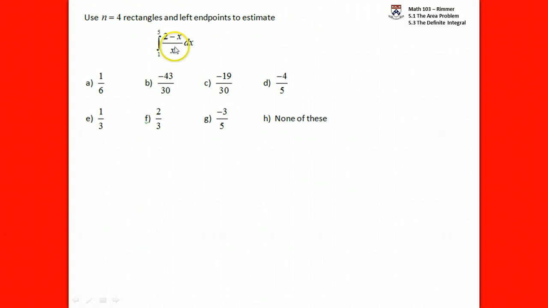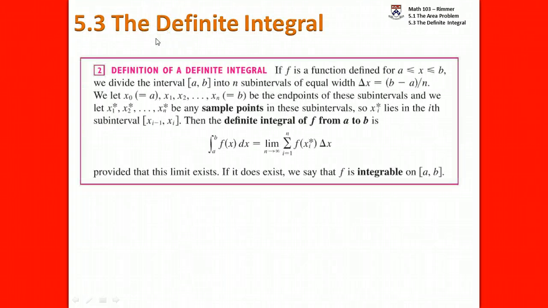In section 5.3, they introduced the symbols, and they introduced how to do it. So here's what the symbol means. We were letting n get very large as the number of rectangles goes to infinity. If we take the limit, what this represents is the height and the width of each rectangle. Delta x, remember that calculation we did?